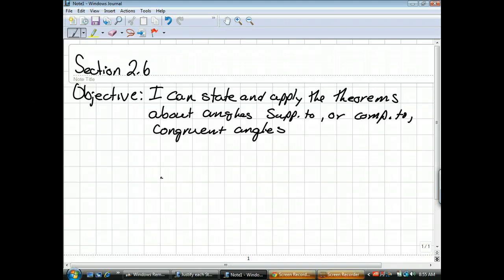Section 2.6, our objective today is I can state and apply the theorems about angles supplementary to or complementary to congruent angles.